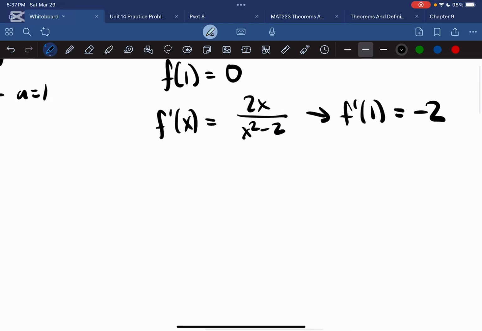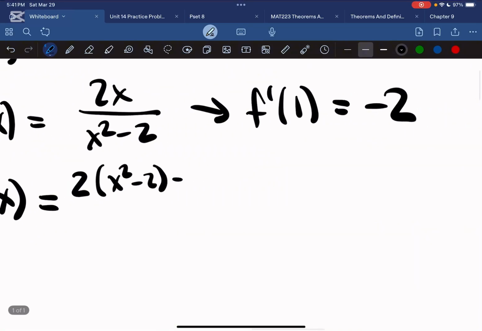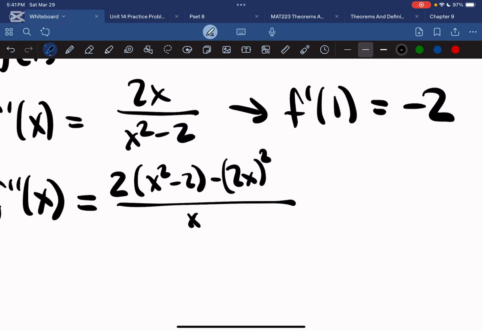Great. And now the second derivative. To solve for this, we have to use the quotient rule, which is great. There we get 2 times x squared minus 2, minus 2x multiplied by the derivative of x squared minus 2, which is just 2x, and this is all over x squared minus 2, squared.